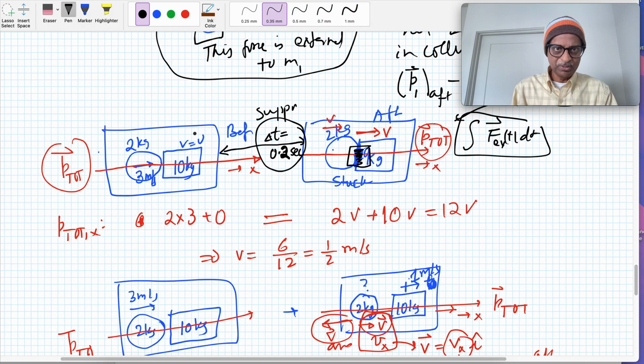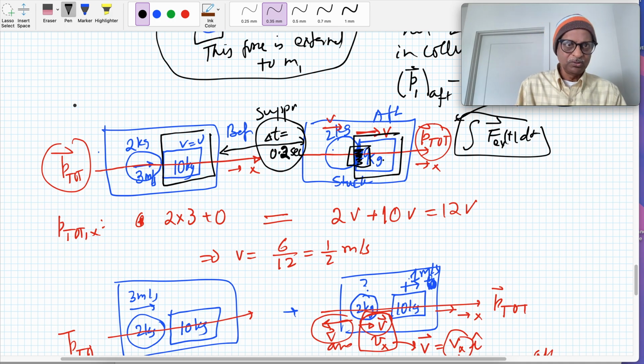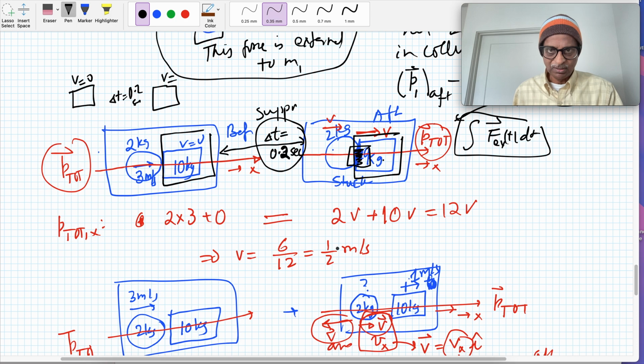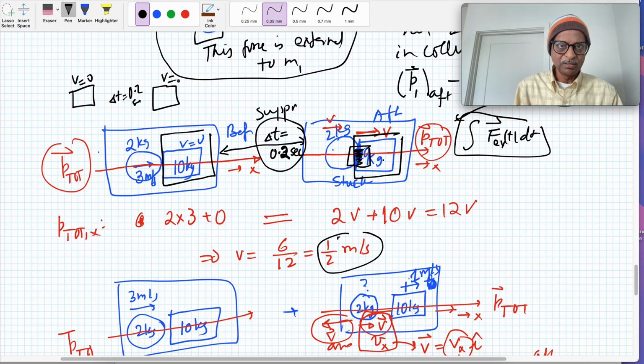So now we're going to look at one of these guys. We don't need to look at both of them. Say look at this guy. What is its change in momentum? So we look at this guy before, and delta t was 0.2 second. So this guy's v was 0, and this turned out to be over here half a meter per second, and this is 10 kilogram.